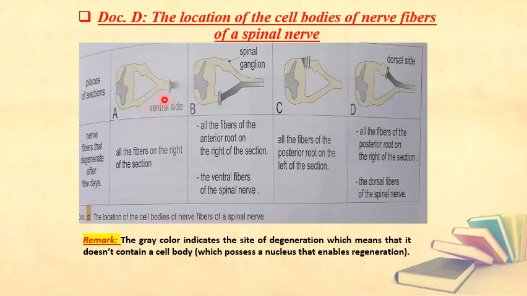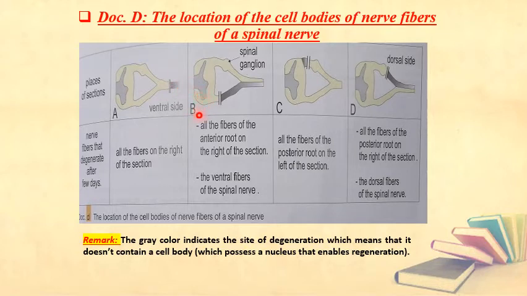We noticed that all the fibers to the right of the sectioning were degenerated. This means that there is no cell body along the spinal nerve or to the right side of the ventral root. So in this part, no cell body.